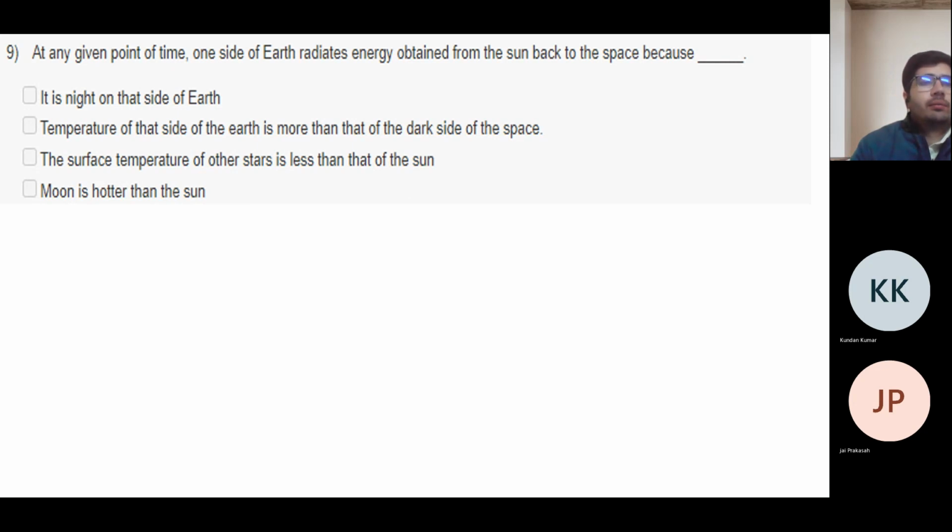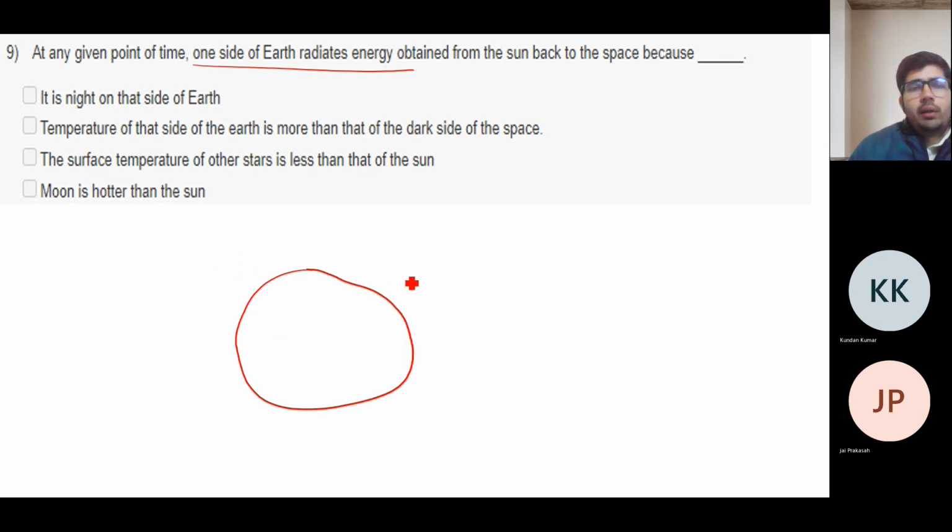Now question number 9. At any given point of time, one side of Earth radiates energy obtained from the Sun back to the space. Suppose this is the Earth in spherical form, and this is the Sun. This is the A part, this is the B part.